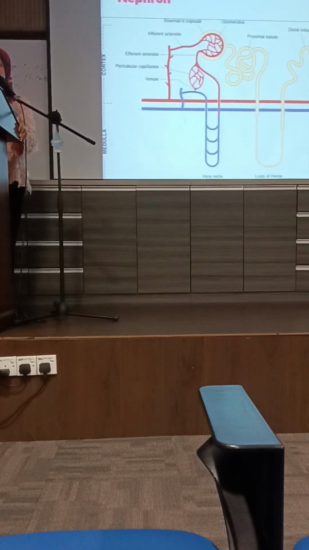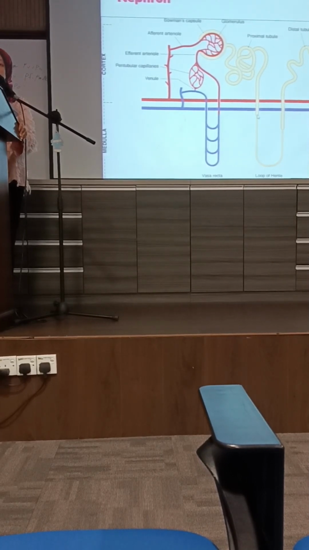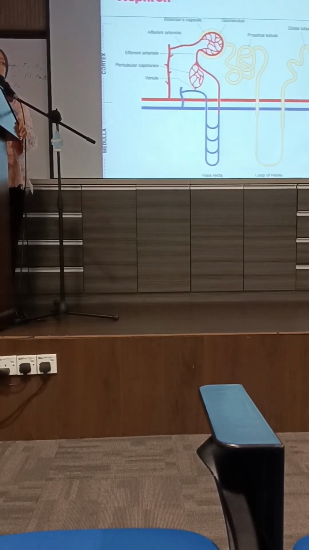Okay, so before we move further, this is the important part in explaining the mechanism of action of diuretics. Your nephron. What does it mean by nephron? It's a functional unit of the kidney, which comprises your renal corpuscle, which is the glomerulus, and your renal tubules. And this nephron plays an important role in your renal physiology, which comprises what?